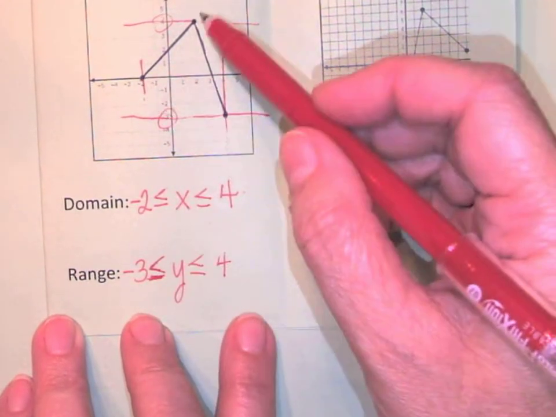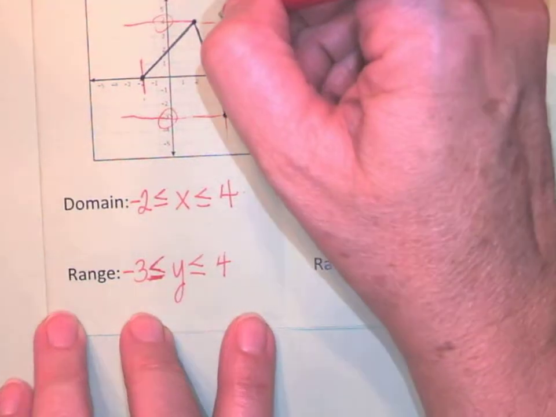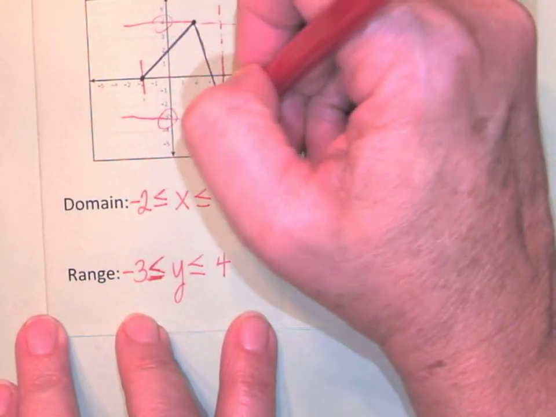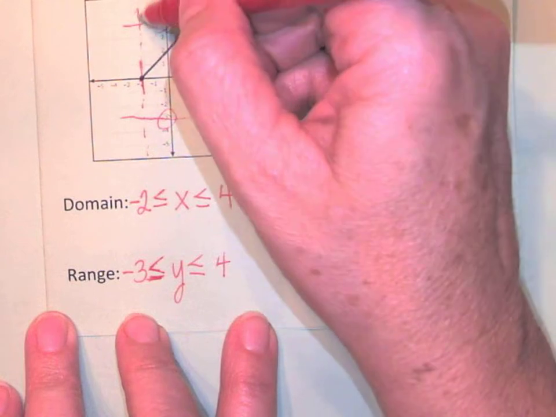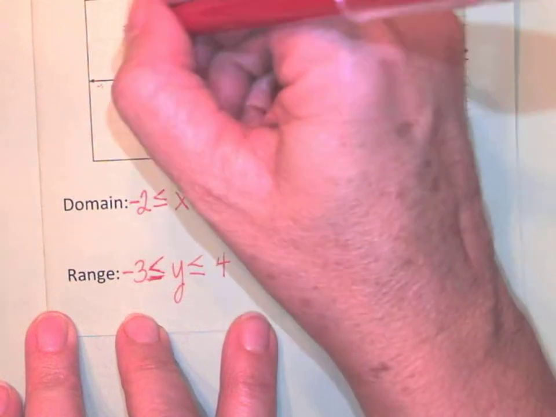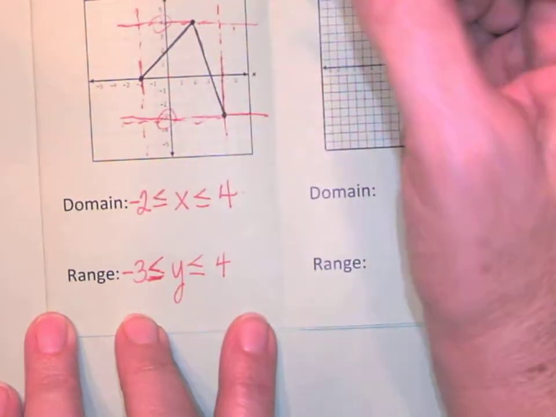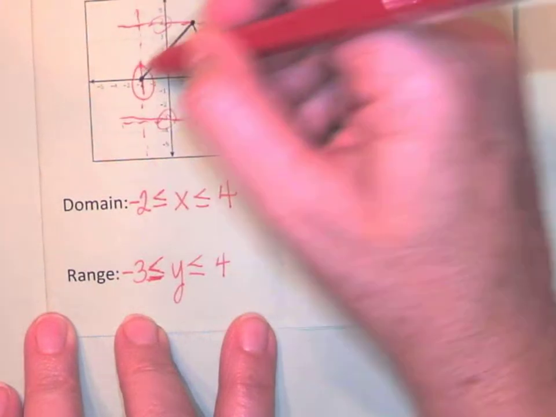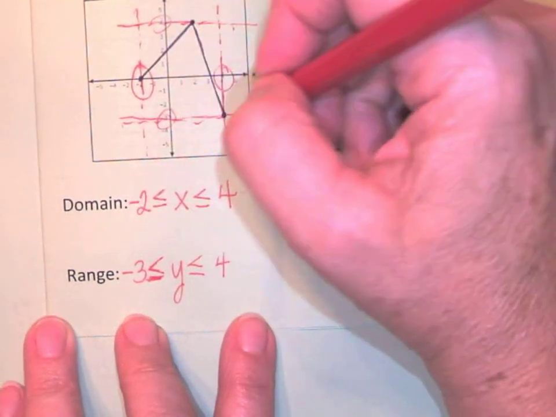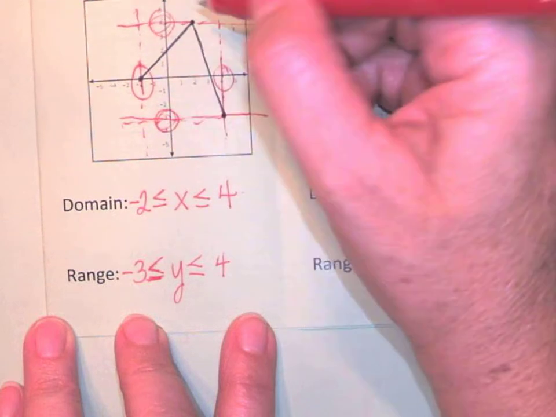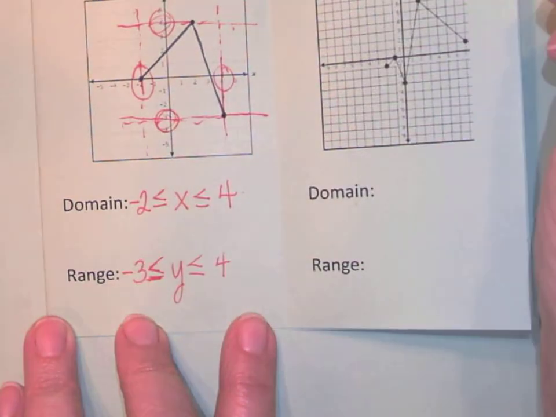This is for endpoints. One strategy that seems to work well is to make a box around the graph on its boundaries. I box it off at the leftmost, rightmost, top, and bottom. Where my box crosses the x-axis, those are my x boundaries, negative 2 and 4. Where my box crosses the y-axis, those are my y boundaries, negative 3 and positive 4.